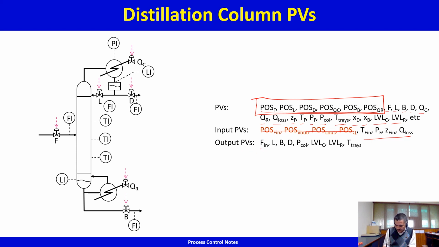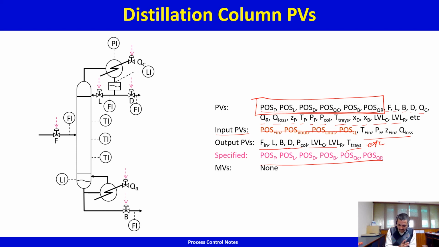All the flows that are measured, column pressure, the levels, temperature of the trays, these are all output process variables. In fact, XD, XB, everything that is not an input PV is an output PV. Let's put it that way. So I think there will be an etc. here. What is the operator specifying? The 6 valve positions. Is anything being manipulated? No. So there are no manipulated variables. This is a no control kind of system.